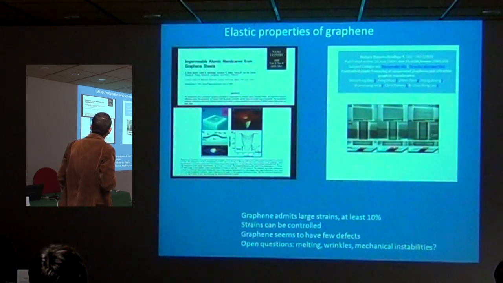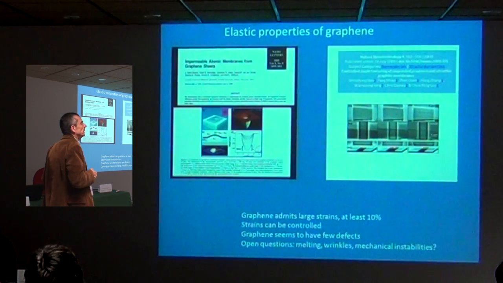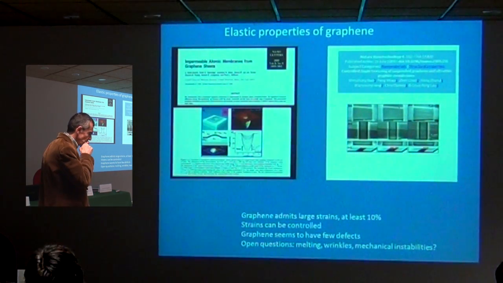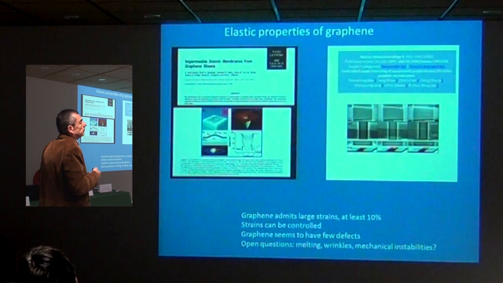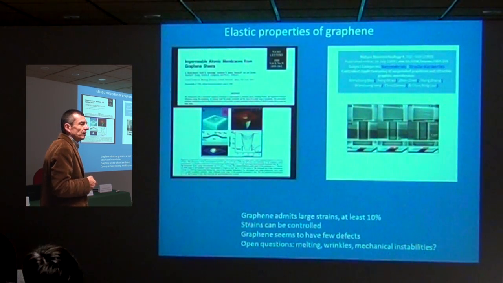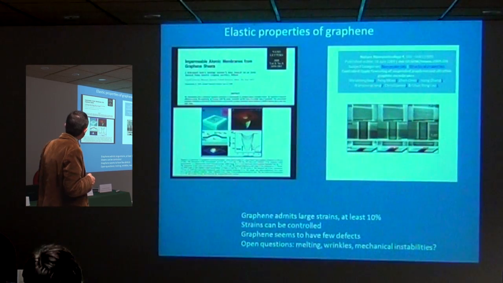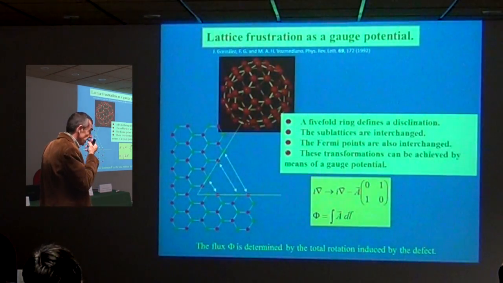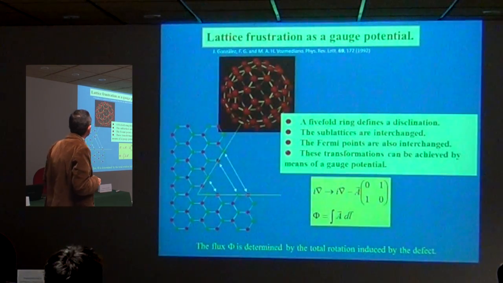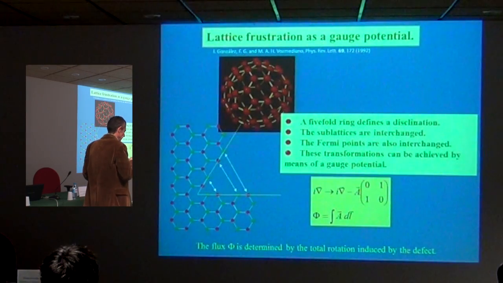So nowadays there is a starting topic which people call strain engineering, which has started in graphene, and the idea is to create whatever lattice deformation you want on graphene one way or another. And strains or lattice deformations in graphene give rise to interesting effects.